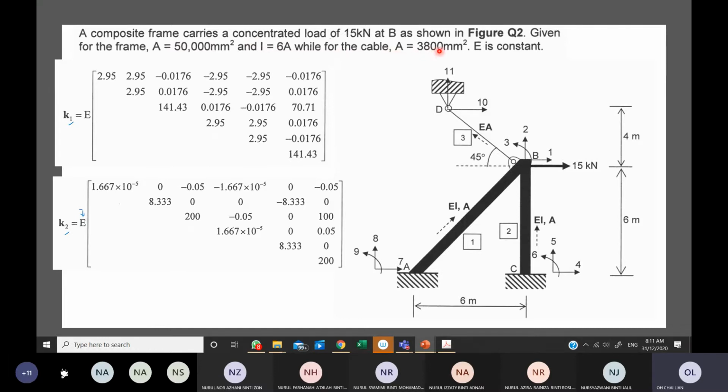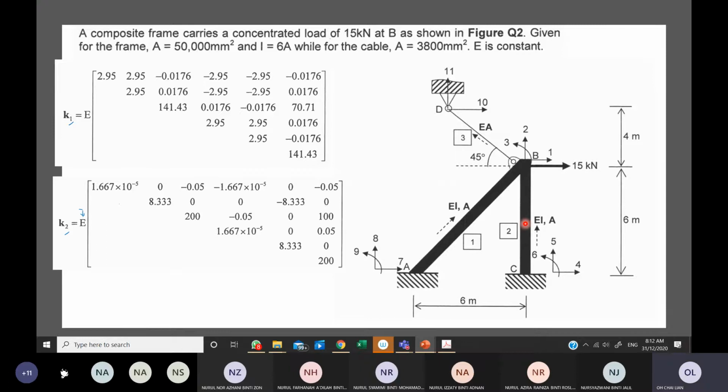While for the cable, A is 3,800 mm squared, and E is constant. So if you see that A is given, I is given a value, but E is not given a value. Therefore, E will just be put in as E in your equation. So now this is the structure.